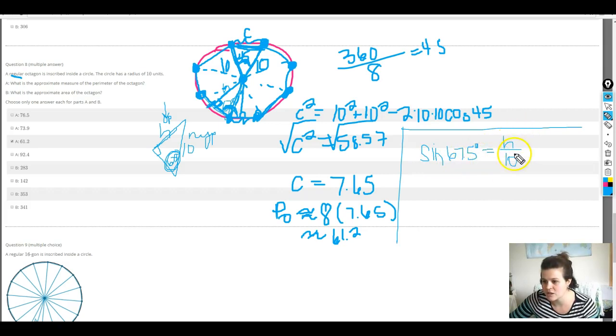I'm solving for h, and h is being divided by 10. So I'm going to use the multiplication property of equality. Multiply by 10, multiply by 10.